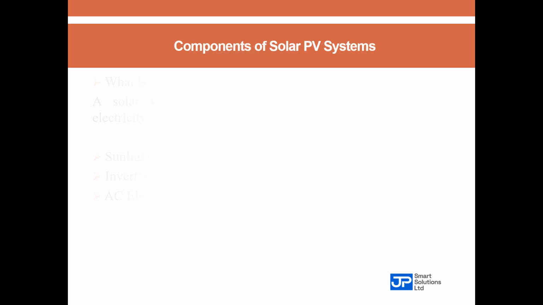So, at this point, we are going to be moving into components of solar PV systems. Now, the first important component we need is the solar panels, also known as photovoltaic modules.